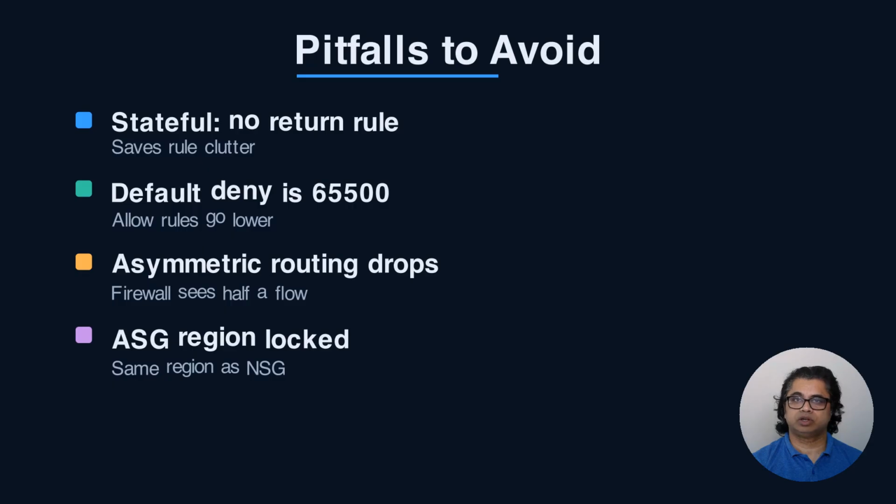With route tables, watch for asymmetric routing when a UDR sends traffic one way, but the response takes a different path, which firewalls will drop. And remember, ASGs and the NSG that references them must be in the same region. When in doubt, check the current Azure docs, since limits and default rules do change.